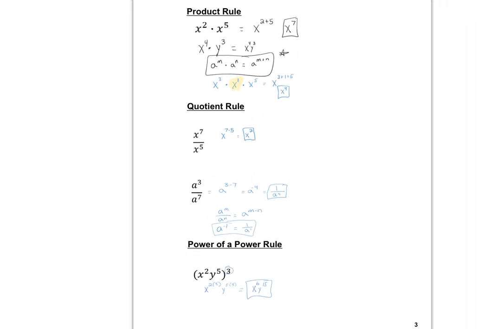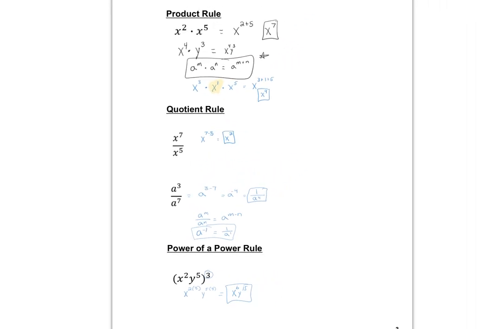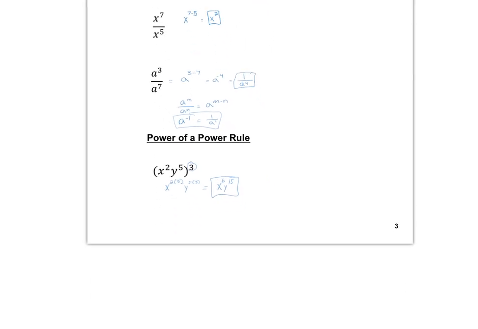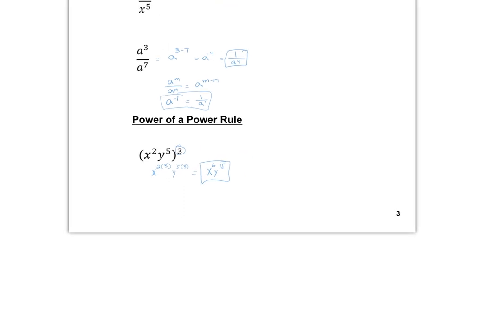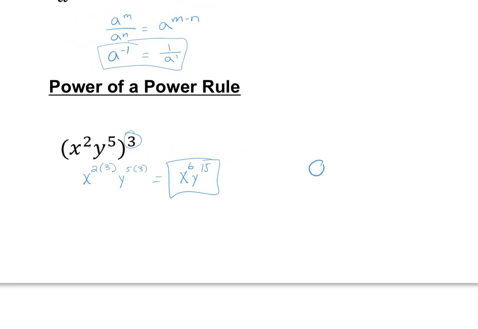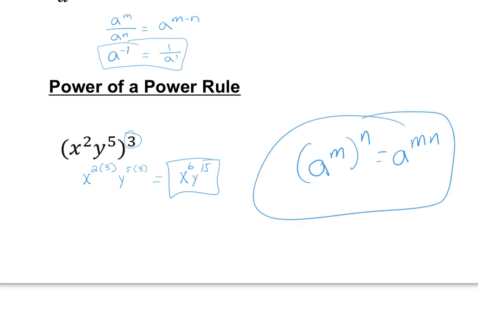We got the product rule, the power rule, and the quotient rule. Mathematically, the power rule would say a to the m to the n is equal to a to the mn. That's mathematically how you would look at it.